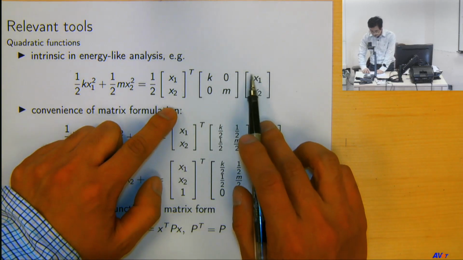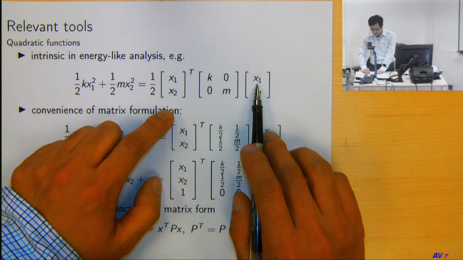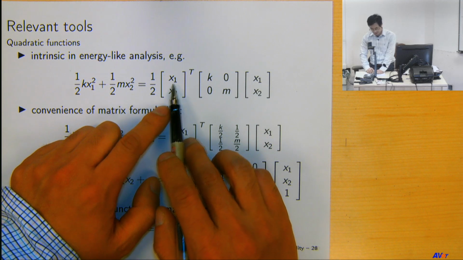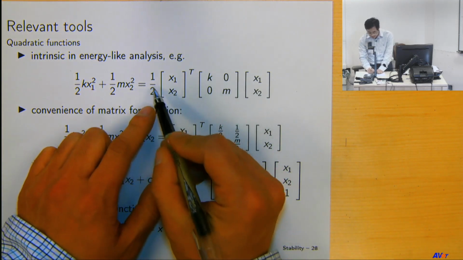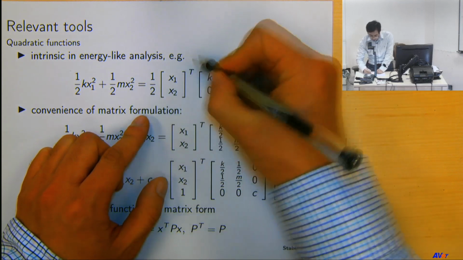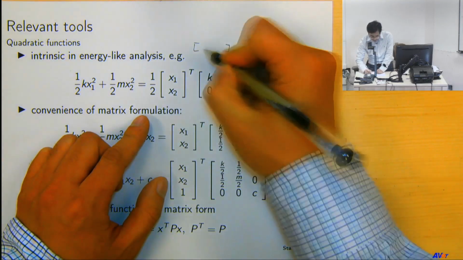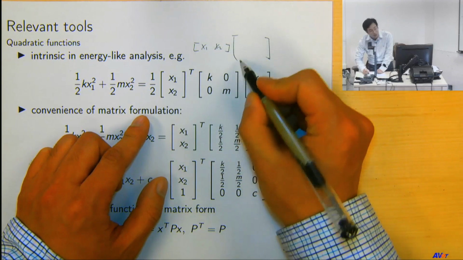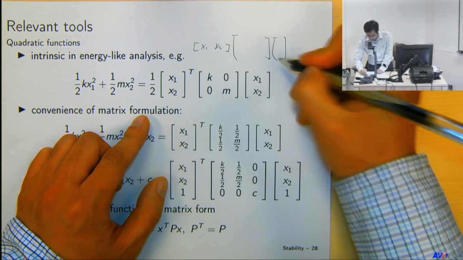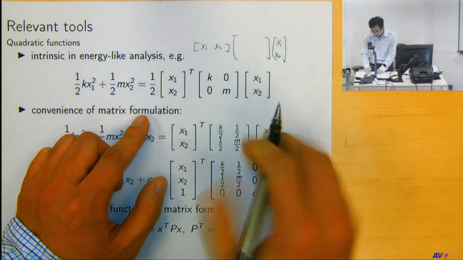So we can stack the state vector like this and then put the transpose of the state vector at the beginning. So essentially you're computing a row vector, x1, x2, multiplying a matrix and then multiplying a column vector.